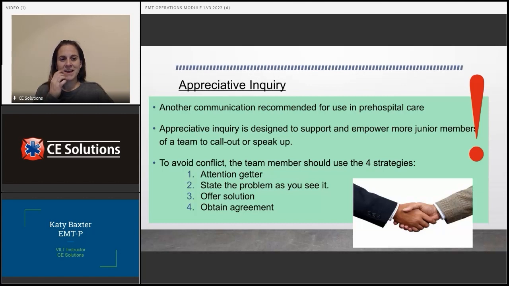So an appreciative inquiry is another communication style recommended for use in pre-hospital care. This is designed to support and empower more junior members of a team to call out or speak up. This is a big thing with me because you see that often. You're newly hired, you want this to be a lifelong place where you get to retire from, you're not going to make waves.